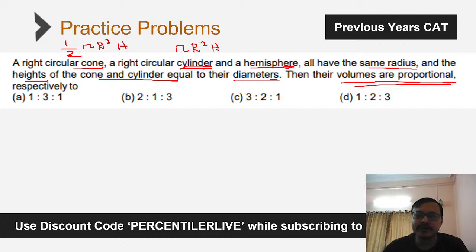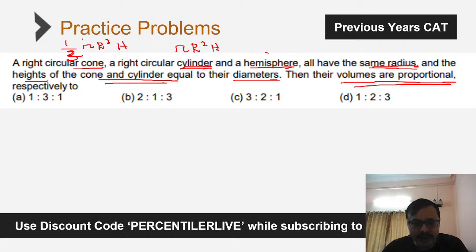Now, the moment you do this, what do you see? 1/3 pi r square h and pi r square h. Also, what is mentioned? Both have the same radius and both of them, the cone and the cylinder, have the same height. Which means what?